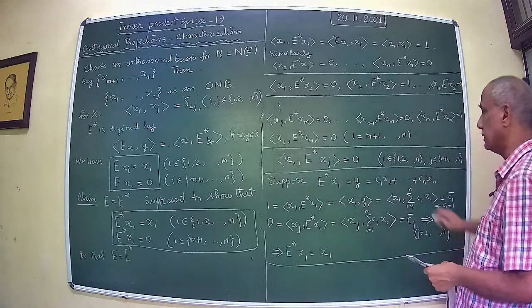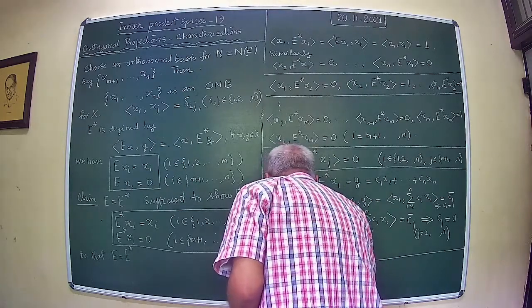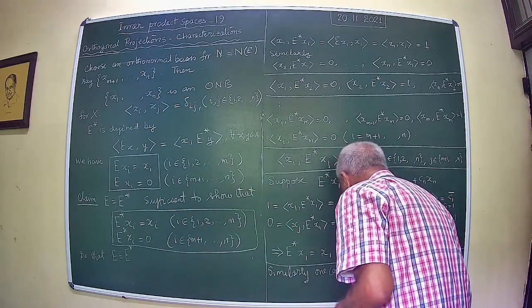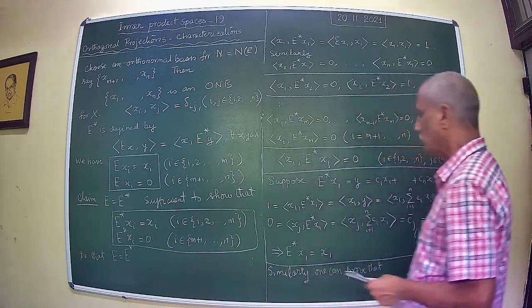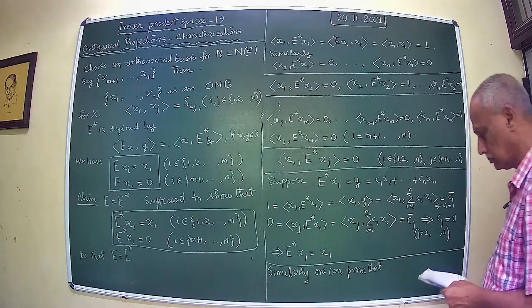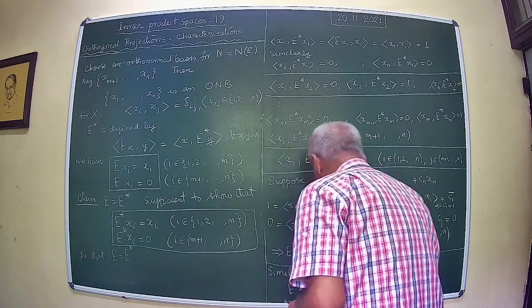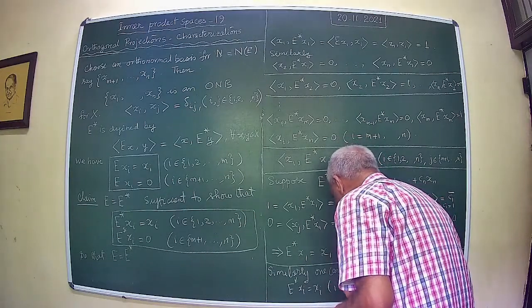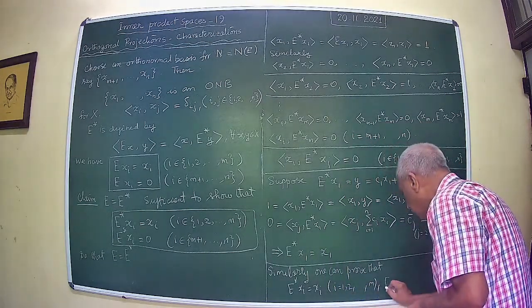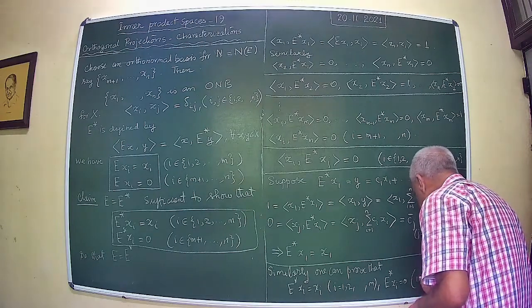A similar analysis using all these results, you can prove that E star of xi equals xi for i equal to 1 to m, which we have already proved, and E star of xi equal to 0 for i equal to m plus 1 to n.